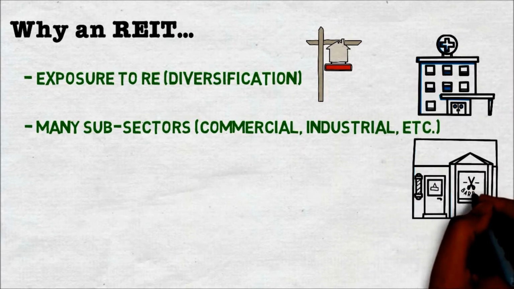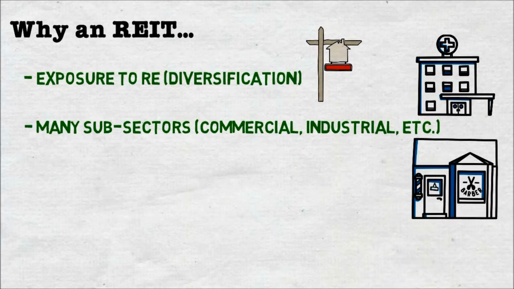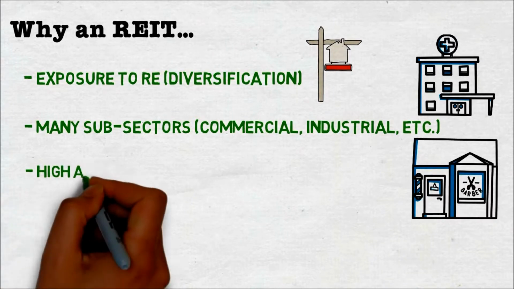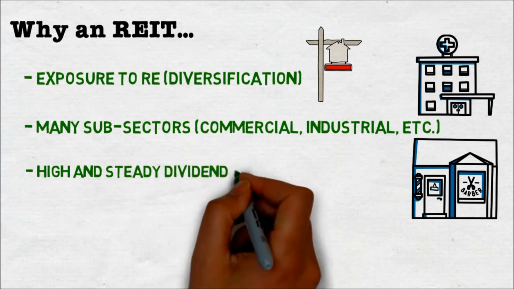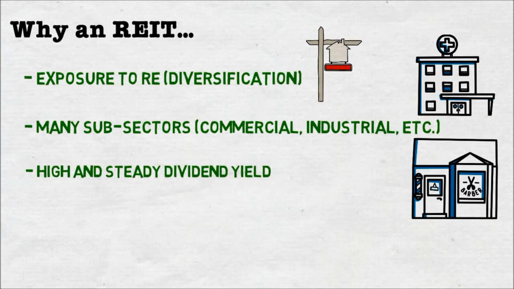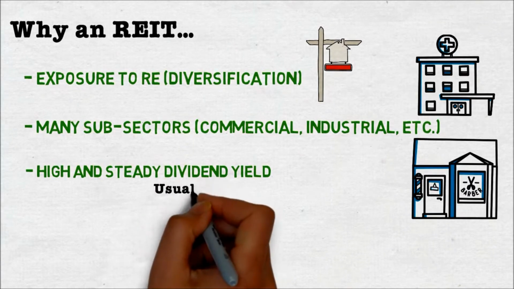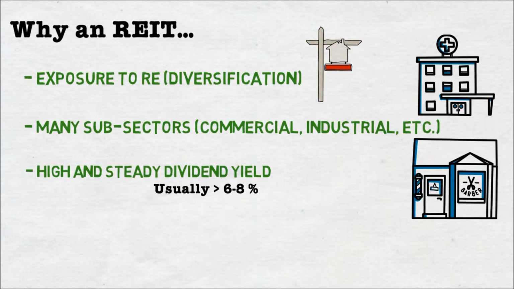The high dividend payout ratio translates into a high dividend yield. A lot of REITs have a very high dividend yield, either more than 6, 7, 8, even more than 10% sometimes.